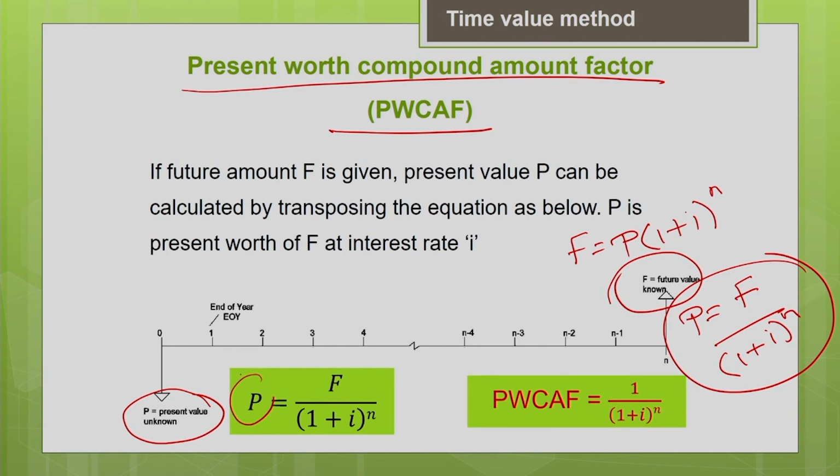To calculate the present value, I need the future value. The future value is known, n is known, i is known. I can find the present value. So you should know that P is made equivalent to F by this factor. This factor is called the present worth compound amount factor.